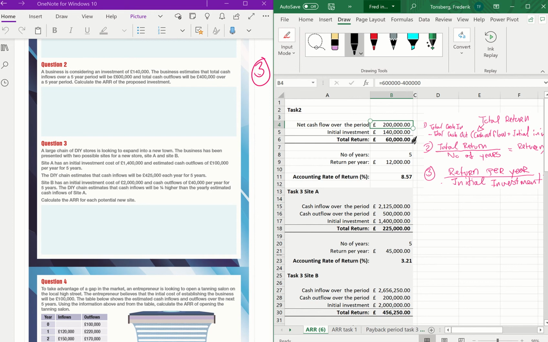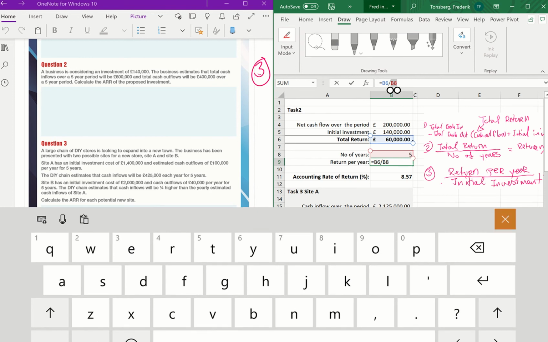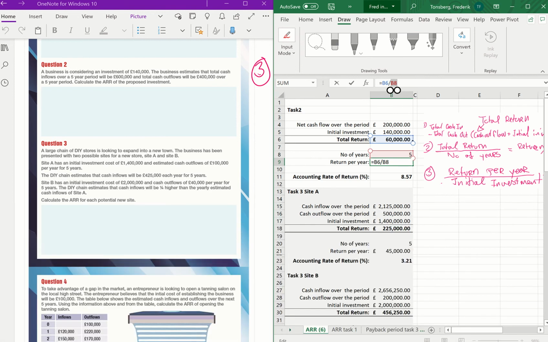What we then want to work out is, you also sometimes refer to this as the average return on the project. So actually we want to work out on average how much is the return per year. And that's what I'm going to calculate down here. So what we could say is, its total return is 60,000, which I'm calculating in here.